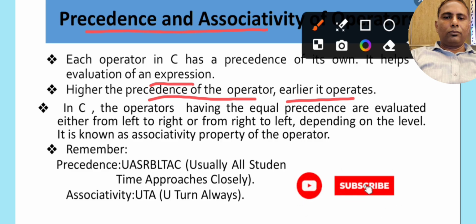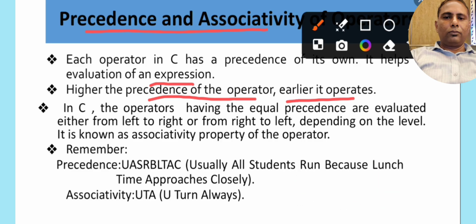If operators have the same precedence, then we evaluate the expression with the use of associativity. There can be two types of associativity, either right to left or left to right.